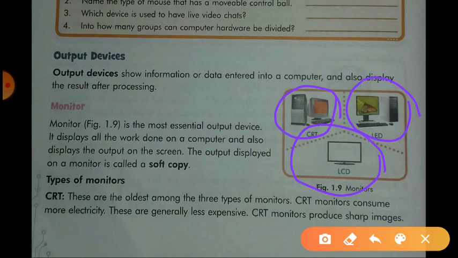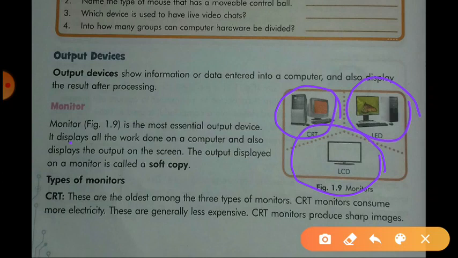Okay students, now come to the CRT. These are the oldest among the three types of monitor. It means this is the oldest monitor. CRT monitors consume more electricity. These are generally less expensive.